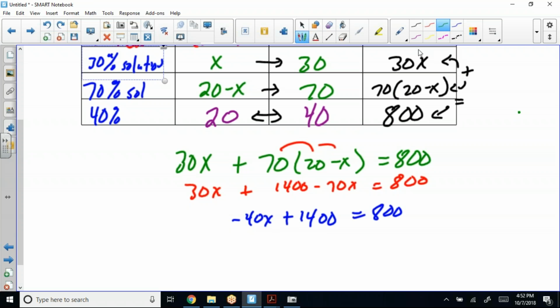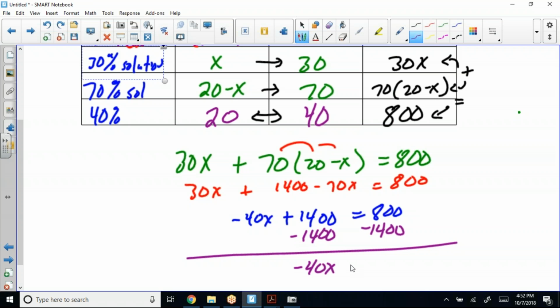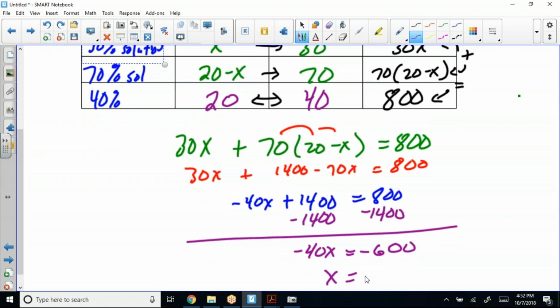Subtracting 1400, that's negative 40X equals negative 600. And 600 divided by 40, folks, gives me X as 15 quarts.